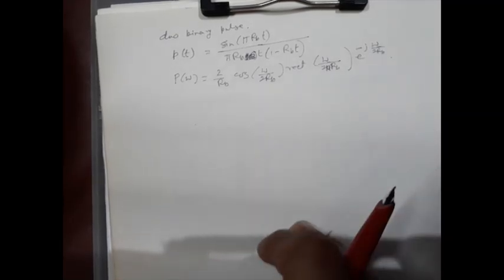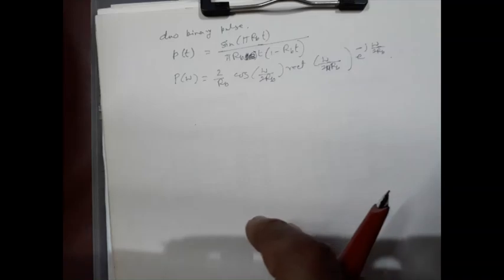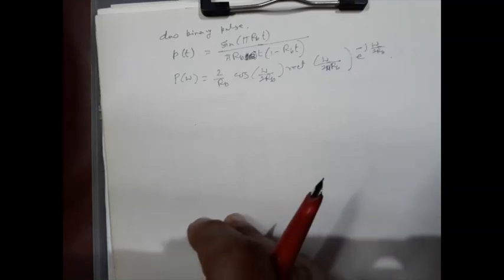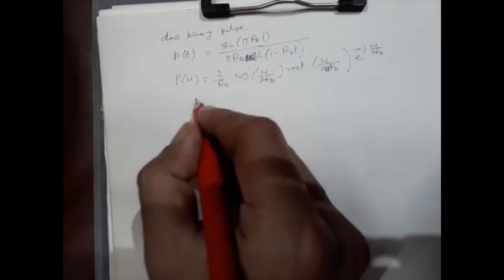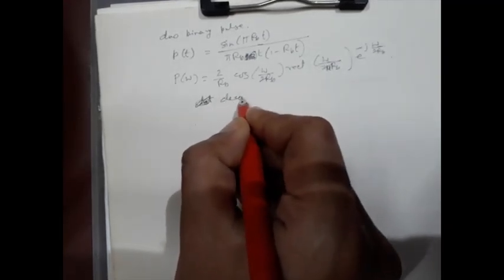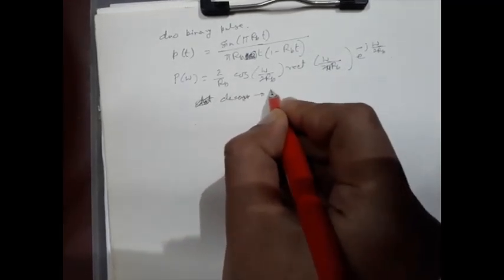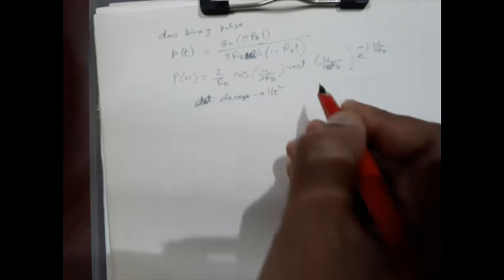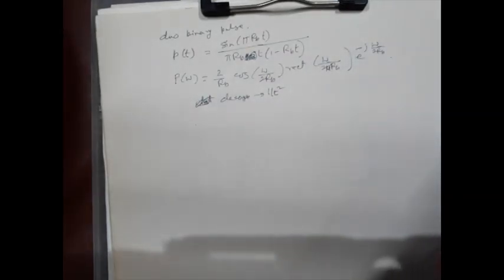So this equation shows that this pulse decays rapidly, at a rate of 1 by t square. This pulse is not negligible.